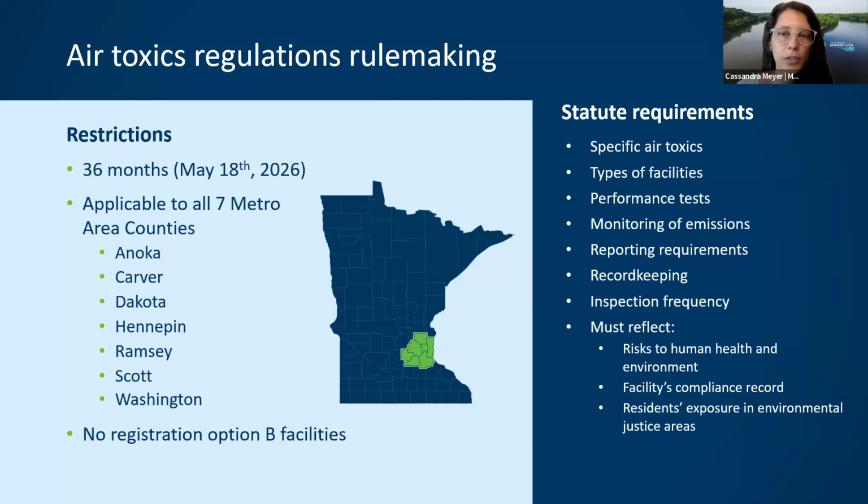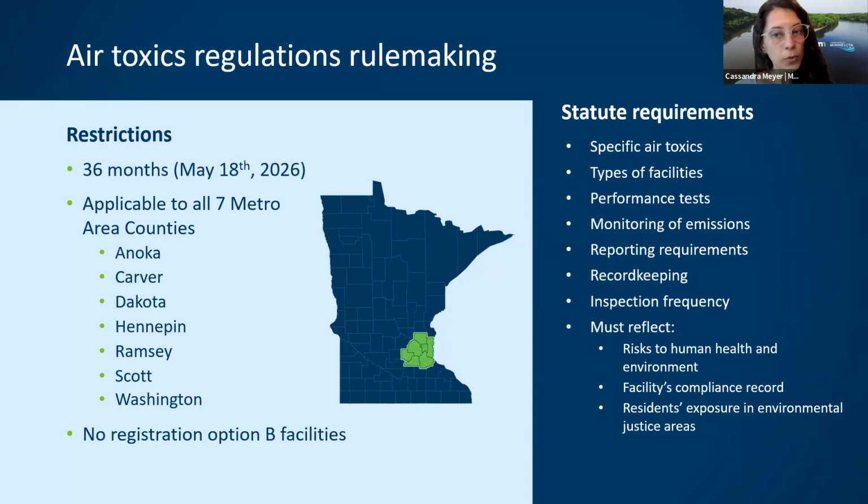There were some restrictions laid out for us, and those are included here on that slide. The first is that we are on a 3-year timeline. And we have to get our draft rules on notice of intent to adopt by May 18th, 2026. And we're still in the developing stage at this point in the process.